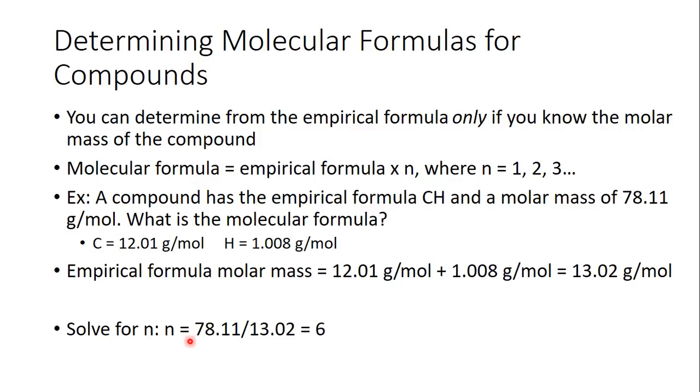So my molecular weight is 78.11, my empirical weight is 13.02. Divide the two, I get 6. That's what n is. So I multiply each number here, since I don't have a number, that means it's 1, by 6 to get C6H6.